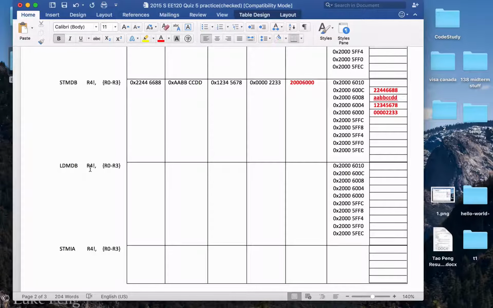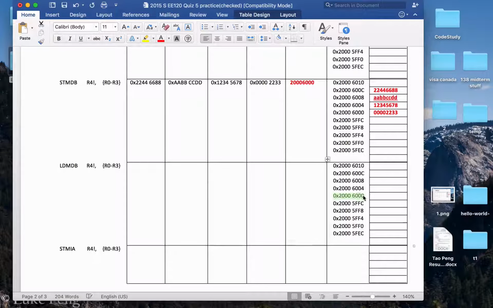I use R4 as my pointer and read 4 memory locations to my register bank. So I start at, well, my R4 is 600, so I start here.